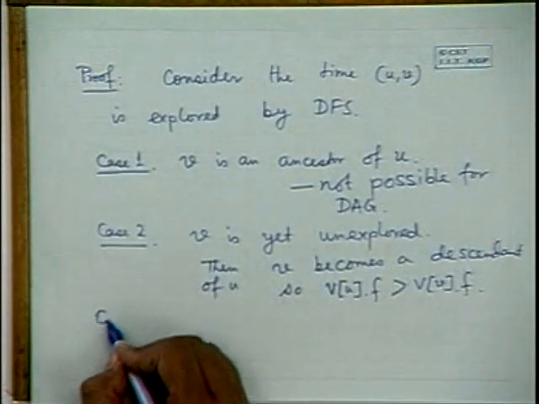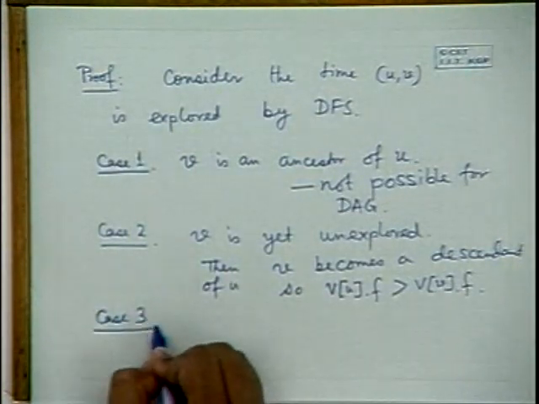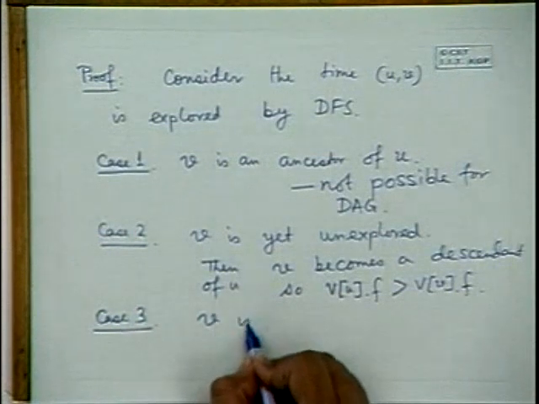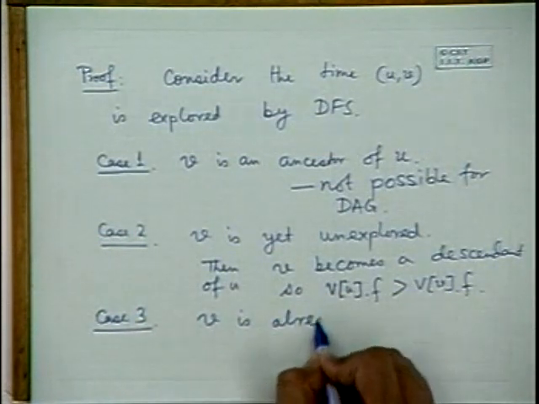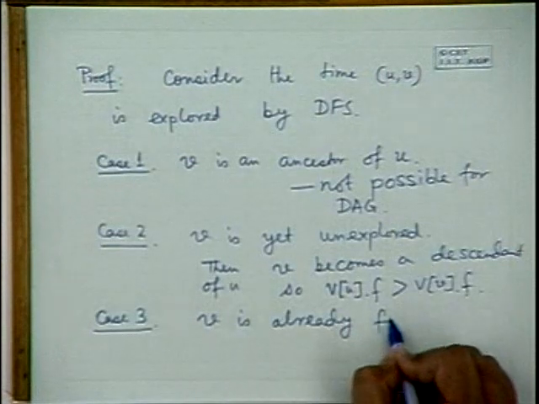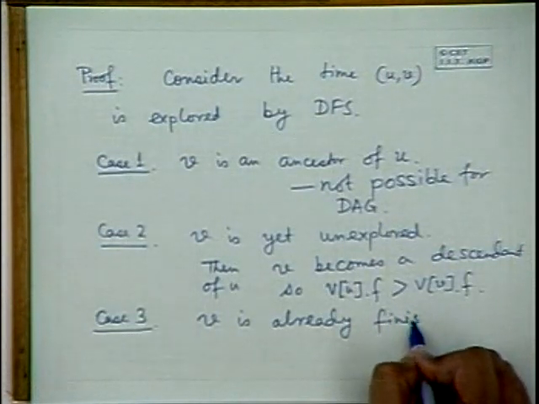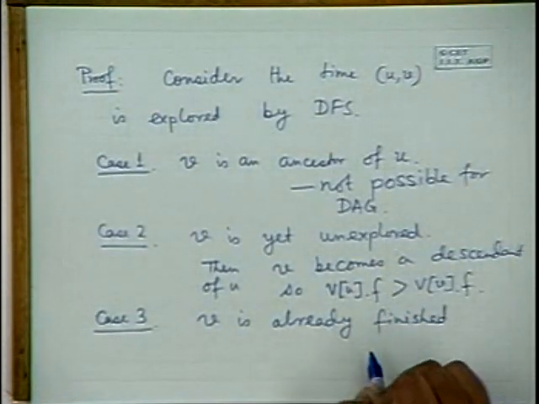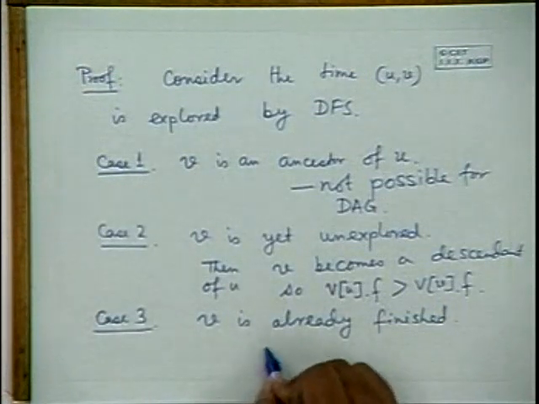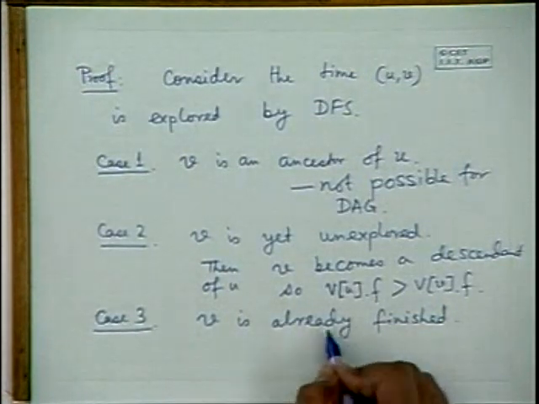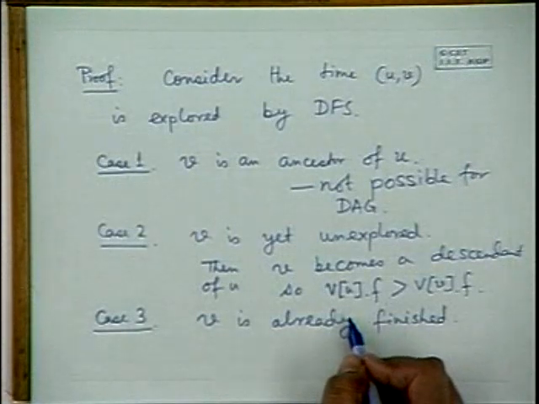And here is case 3: V is already finished. It's already done. In that case, if it is already finished, then definitely U's F field must be greater than or equal to V's F field, because U is not yet finished, you are exploring it through UV, and V is already done.